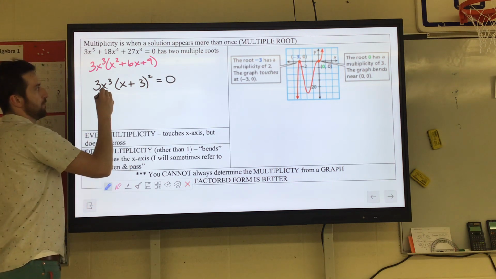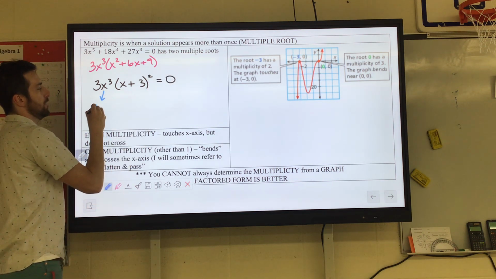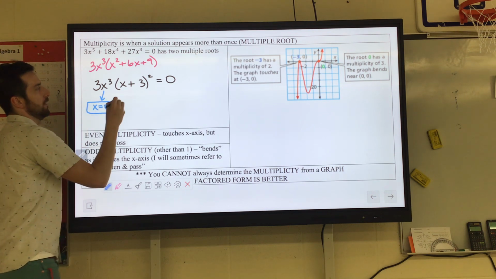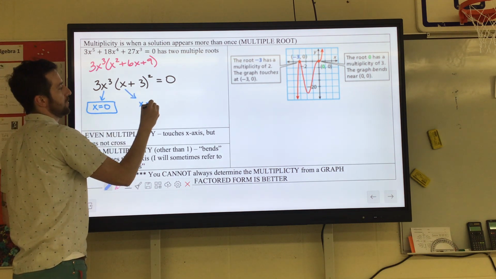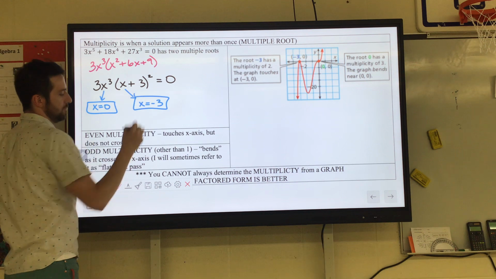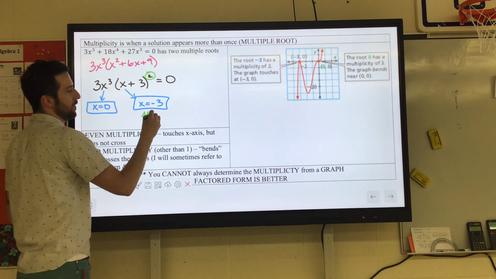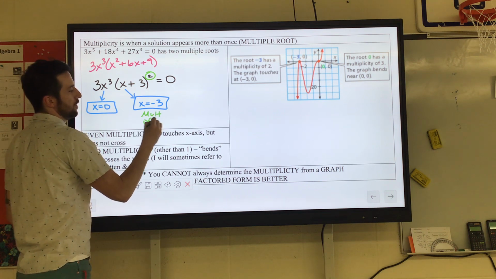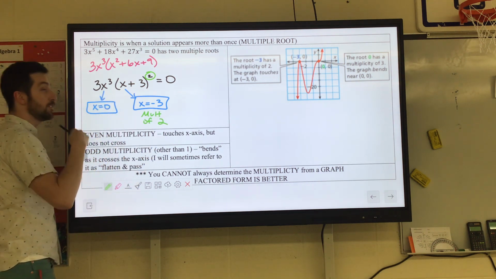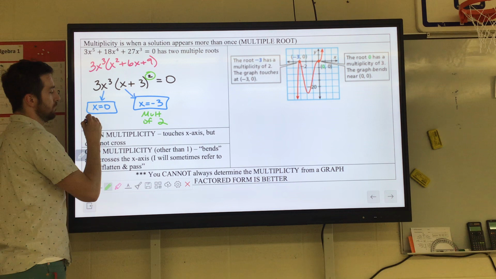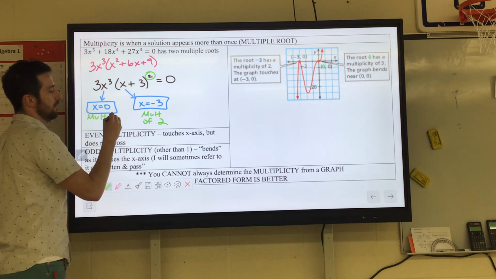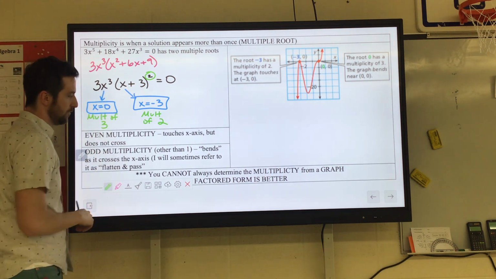So remember with the 3x to the third, we said x equals 0. And then with the x plus 3, we said x equals negative 3. So the negative 3 has a multiplicity of 2 because of the exponent. If you look at the 3x to the third power, 0, we say has a multiplicity of 3. And again, that comes from the exponent.